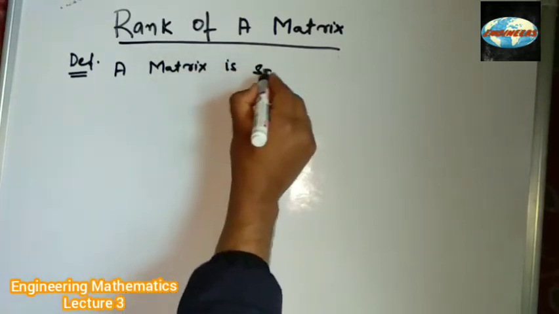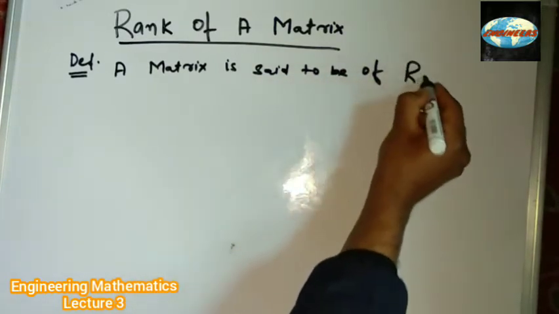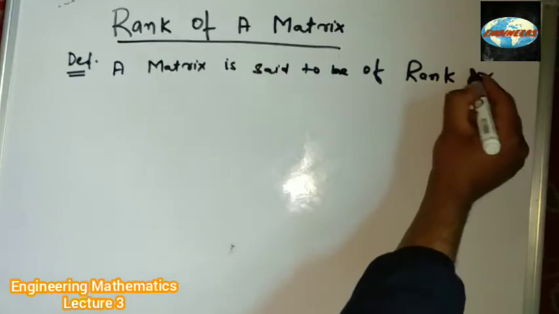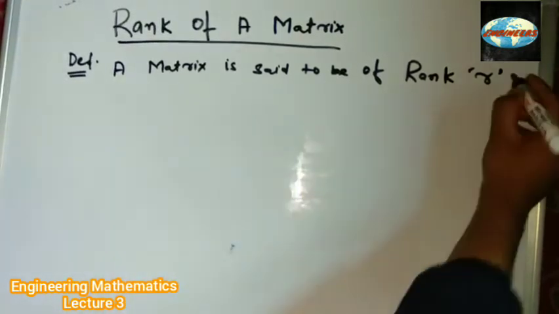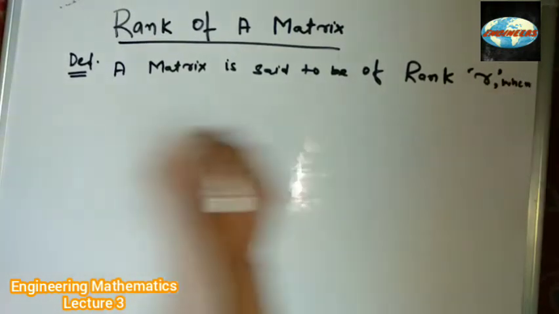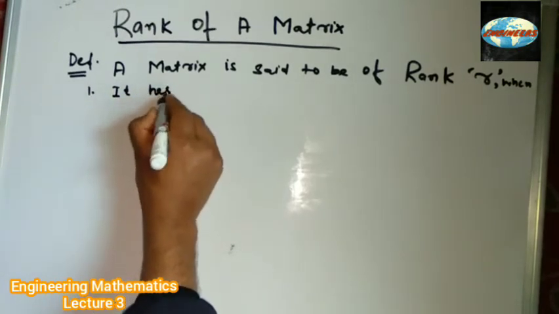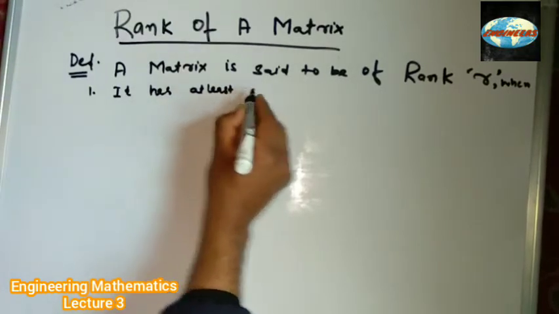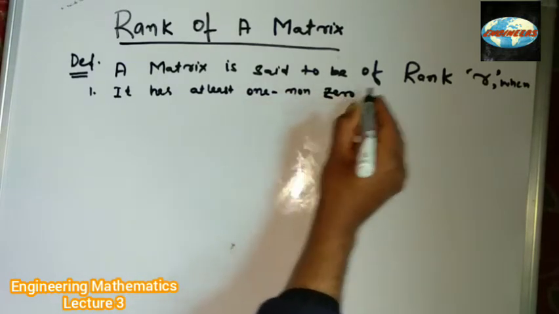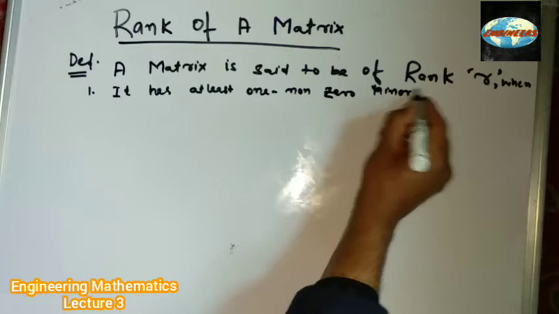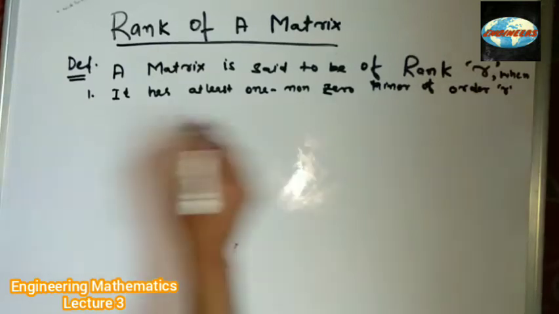A matrix is said to be of rank R if, or we will say when, first one, it has at least one non-zero minor of order R.